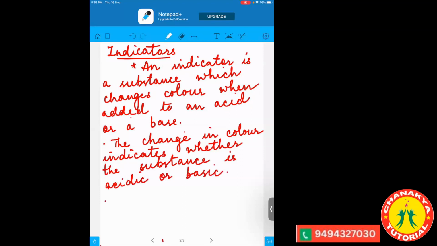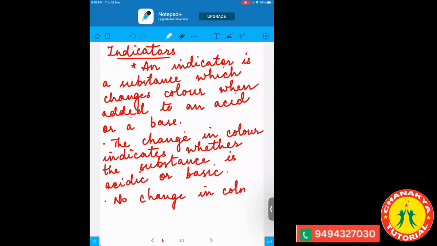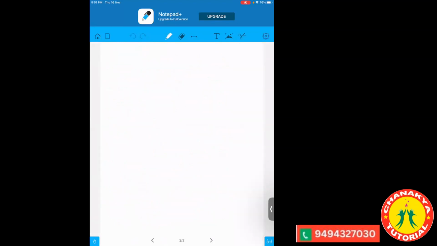But if there is no change in color, in that case it's neutral. So if the color of the indicator does not change, it remains the same, it means that they are neutral substances.